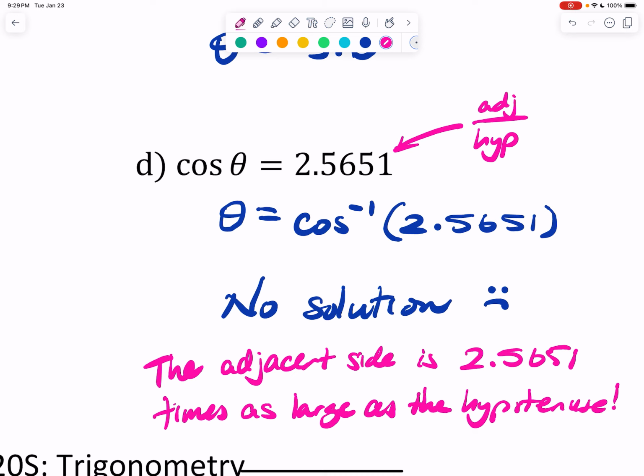And that's a huge no-no, because that makes the adjacent side longer than the hypotenuse. And one thing that we know for sure is that the hypotenuse is the longest side in a right triangle. So that's why that happens. You probably won't encounter that very often, but it does happen. So watch out and know how to handle it.